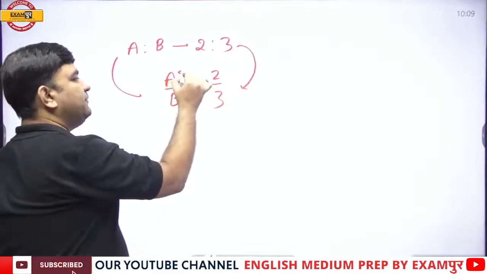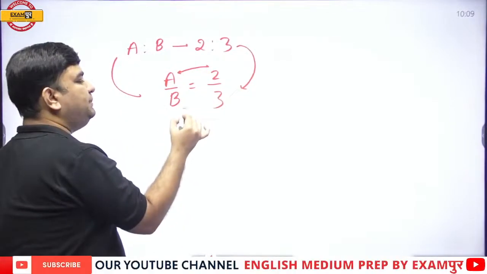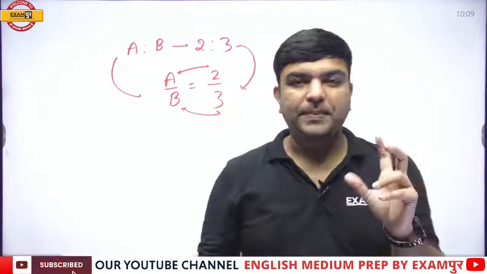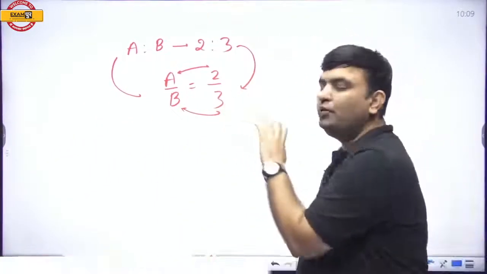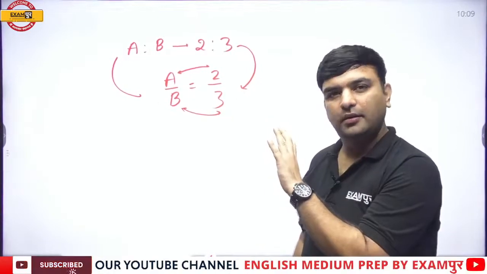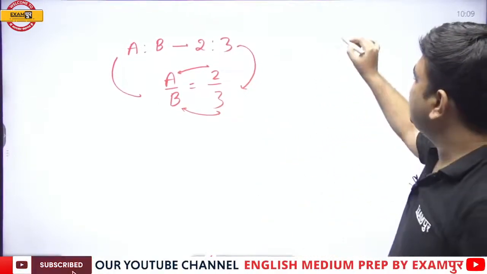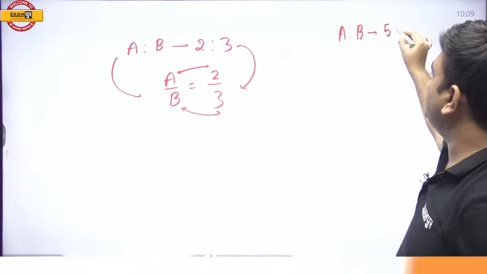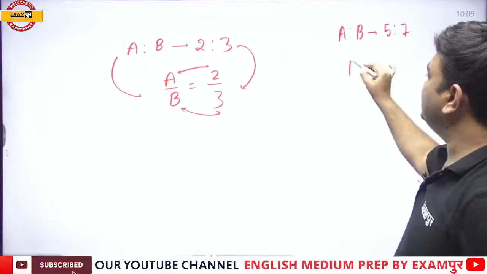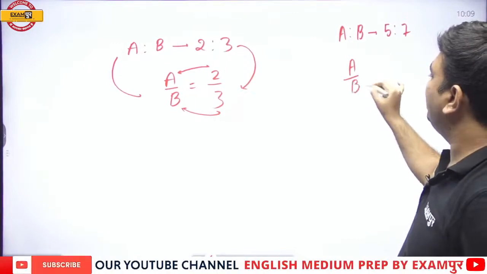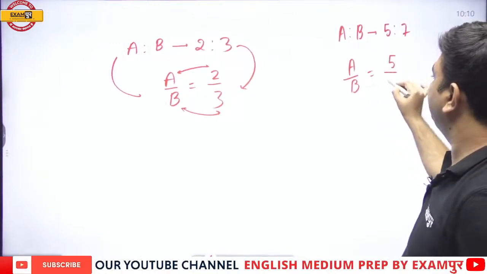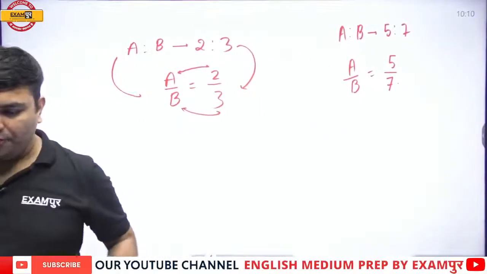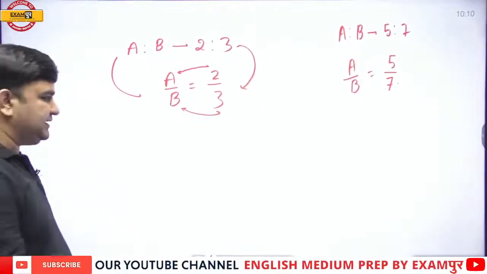That if A is 2, then B is 3. A and B are maintaining the ratio of 2:3. Similarly, if A:B is 5:7, you can write it as A/B equal to 5/7.